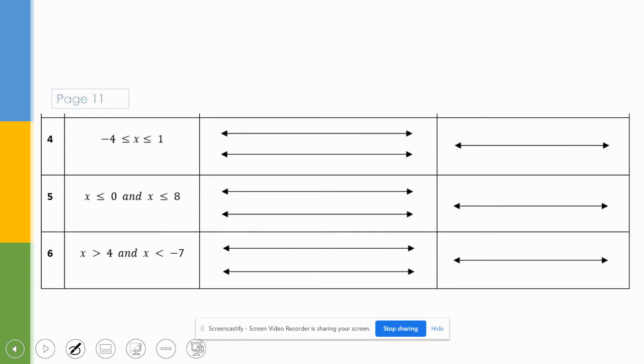If I'm doing and, I still follow the same thing, but first I have to split this up into x is greater than or equal to -4 and x is less than or equal to 1. So I'm going to take my -4, solid, going to the right, +1, solid, going to the left.